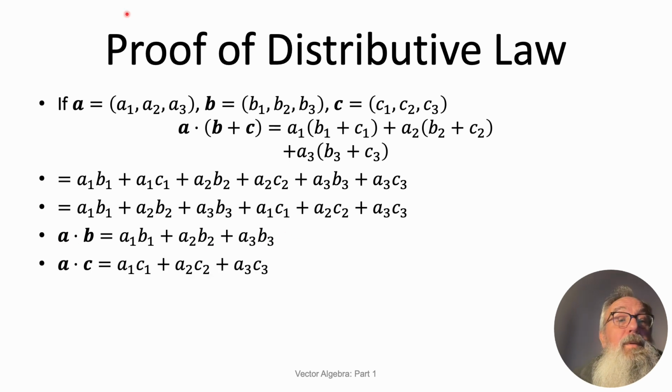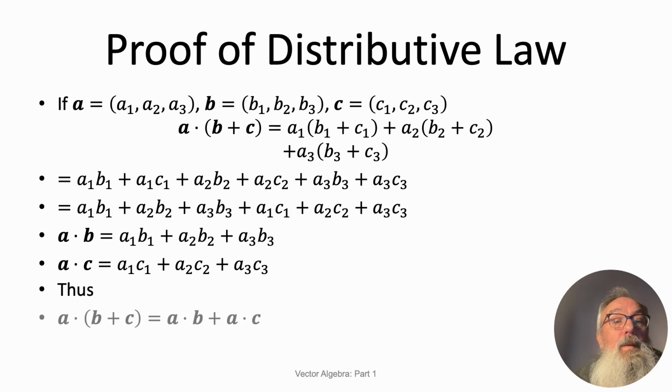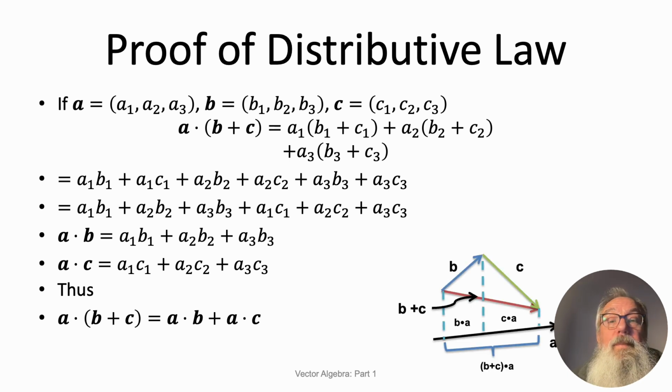That's by definition, and A dot C is those by definition. Thus, A dot (B plus C) equals A dot B plus A dot C. Okay, again, a proof. You can work through that yourselves.